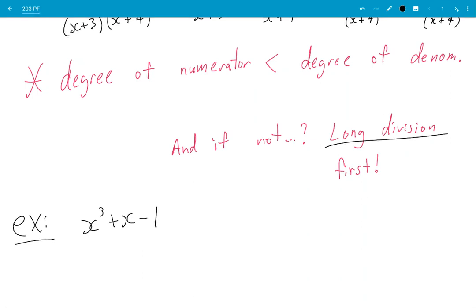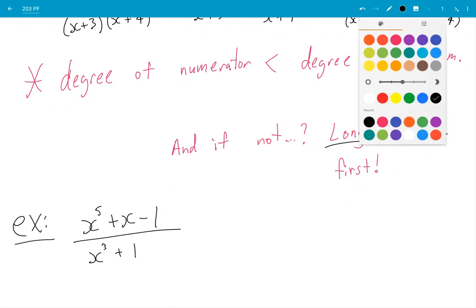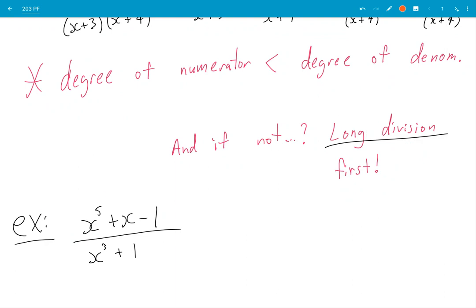Wait a tick, x to the 5, sorry, x to the 5, all over x cubed plus 1. So the degree on top is 5, and the degree on the bottom is 3. So we have to do what's called long division.